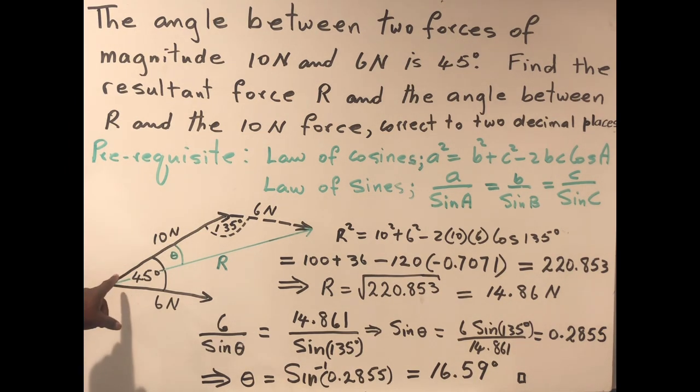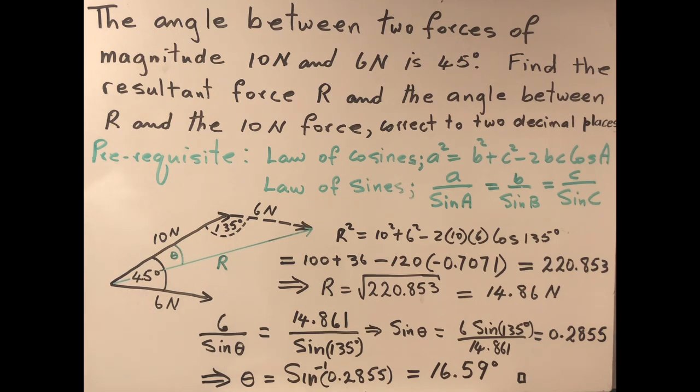Observe that in the previous video, the angle between the vectors is obtained when you have the vectors with a common origin. And so the angle between the 10 Newton and the 6 Newton force is 45 degrees right there.